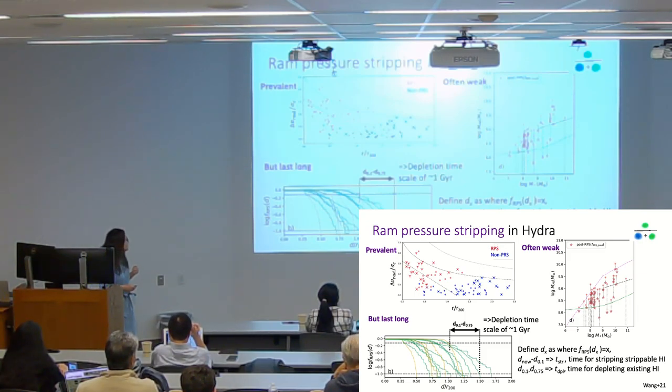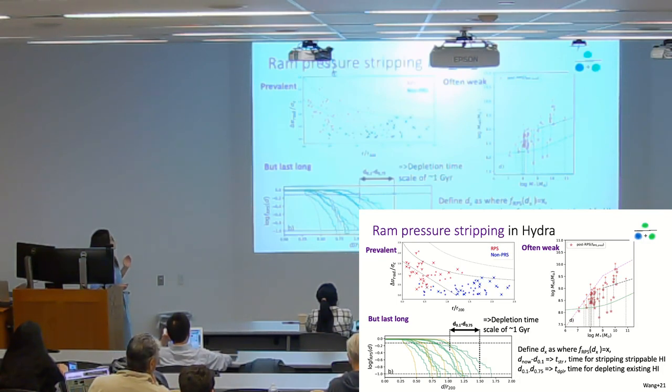So within a cluster-centric distance of 2.5 times the virial radius, around 1/3 of the galaxies are suffering from some kind of ram pressure stripping. And if we limit the distance to 1.5 times the virial radius, then 2/3 of the galaxies are suffering from ram pressure stripping. But meanwhile, the ram pressure stripping for most of the galaxies is relatively weak.